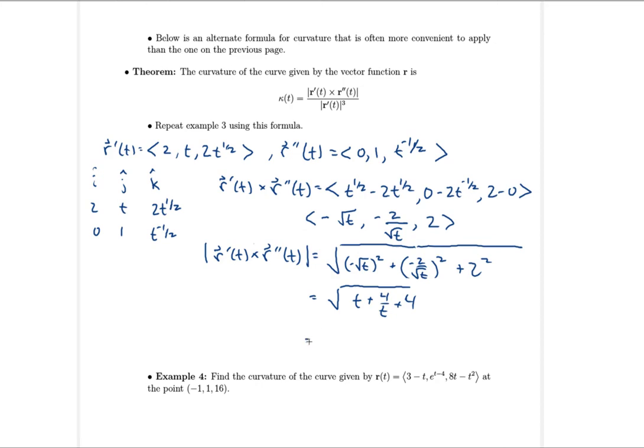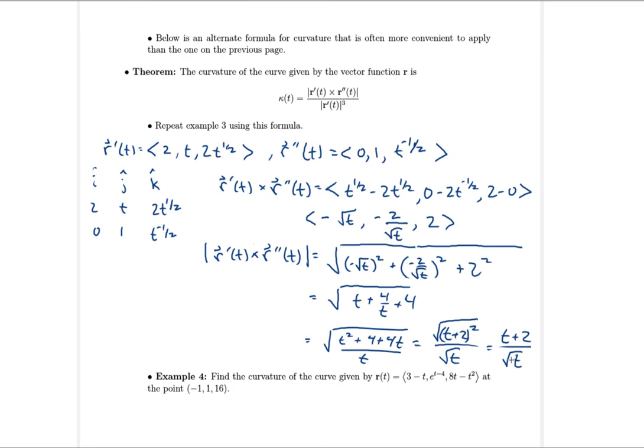And then if we get a common denominator here, this will be t squared plus 4 plus 4t all over t, which is square root of t plus 2 squared, when I factor that out, divided by the square root of t, so that's going to be t plus 2 over root t.